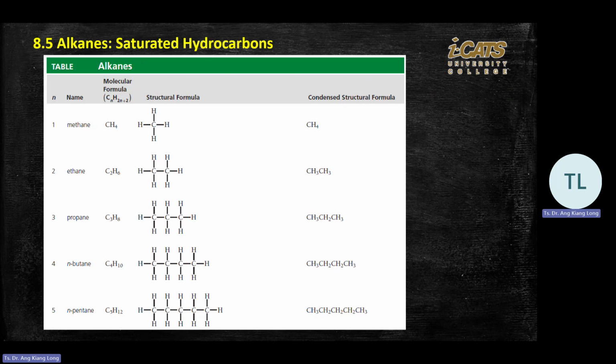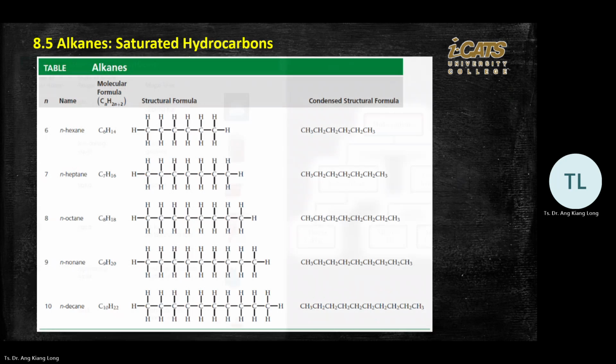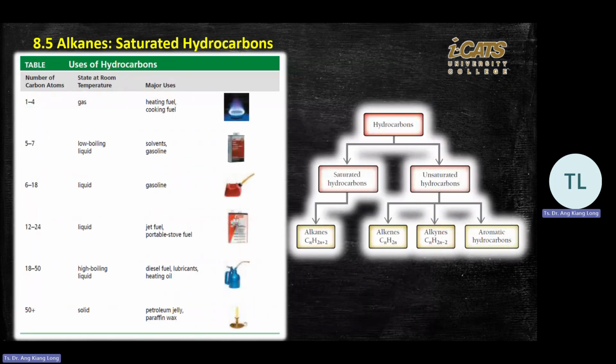Like for example, number 1, I give you CH4. You should be able to draw the structural formula, and from here, you should be able to name the structure. You don't need to memorize because this table won't be given, but how you name it, the table later on, I'll give you, right? So these are the examples. The use of hydrocarbon, you just have a look, it's just for your info.